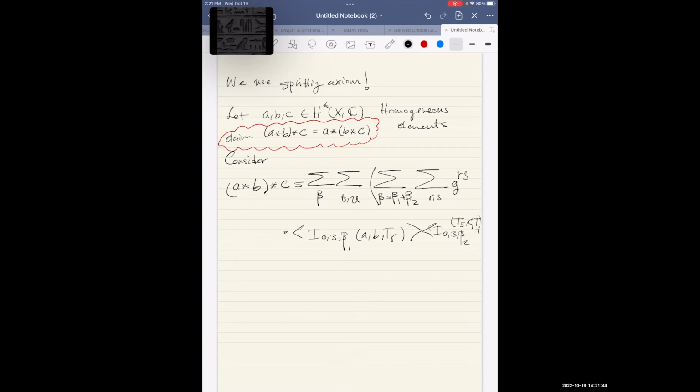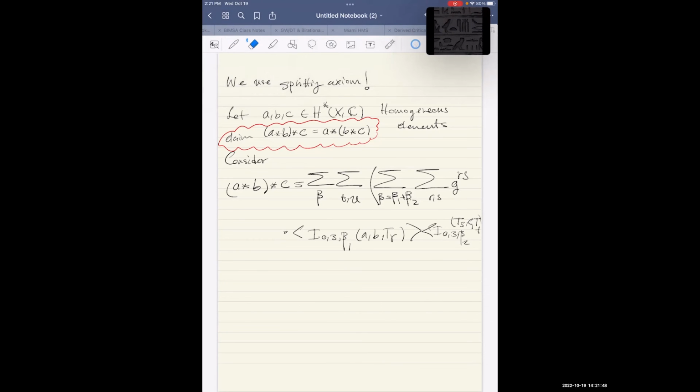Okay, so actually, let me put this in a better position because this is not being seen very well. So times I03 beta 1, all the curve classes. So I'm going to look at A and B first, quantum product.